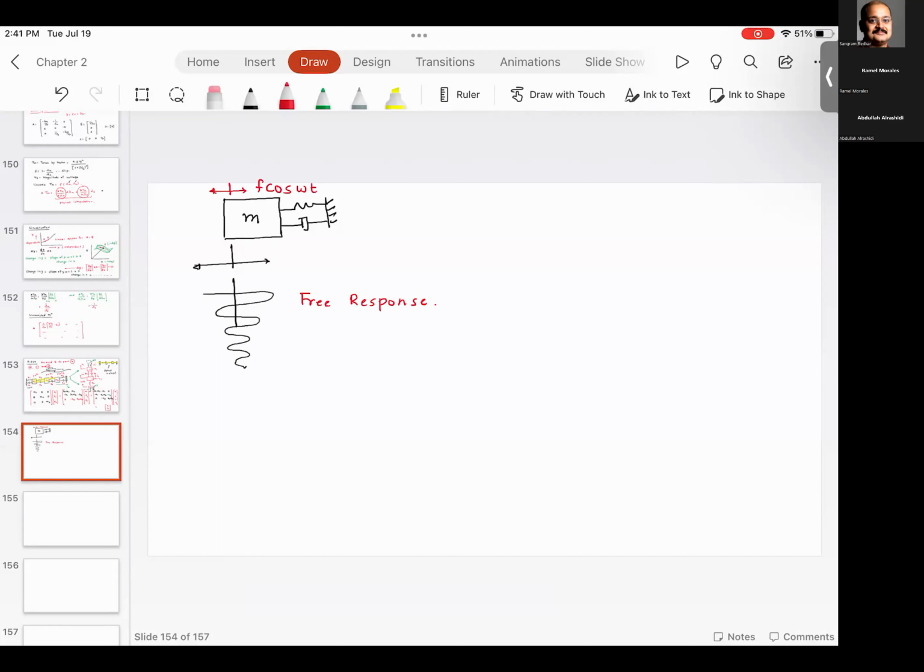So in that case, you have something called the forced response. And the total response comprises the free response plus a particular solution.